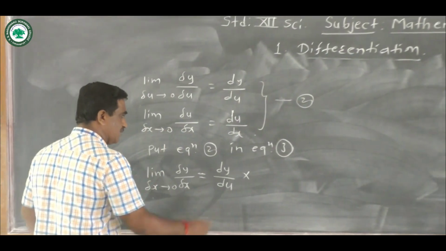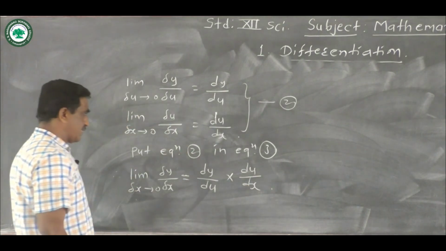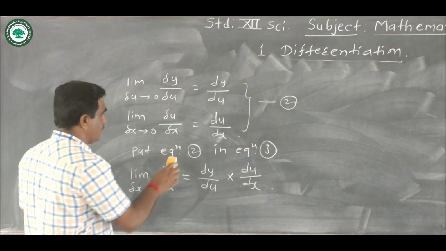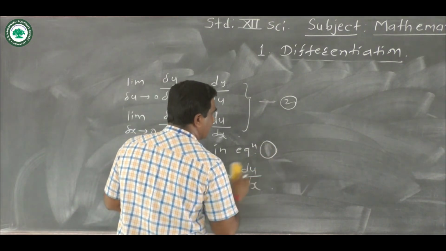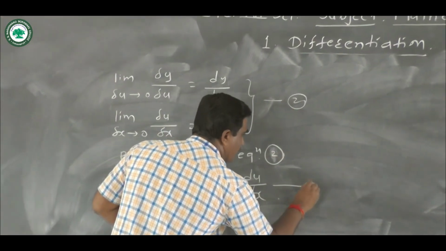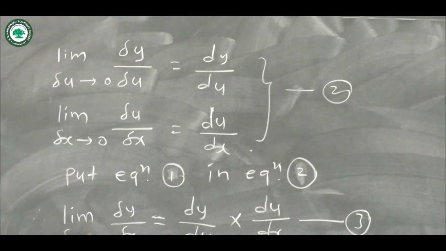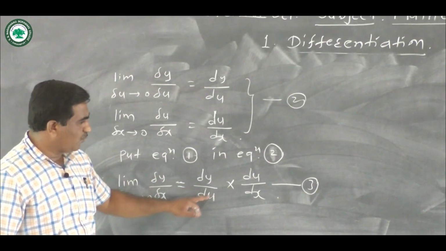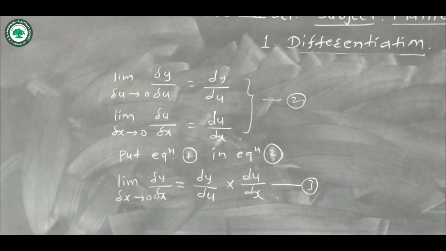Here is equation number first, this is equation number second, and this is equation third: limit delta x tends to 0, delta y by delta x equal to dy upon du into du upon dx.